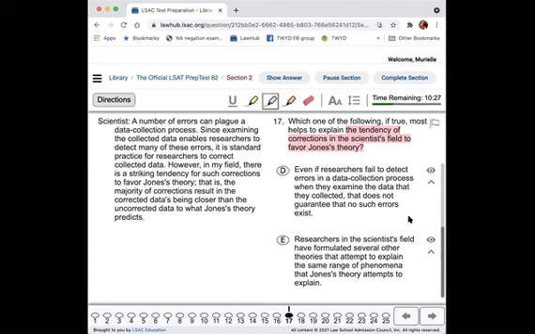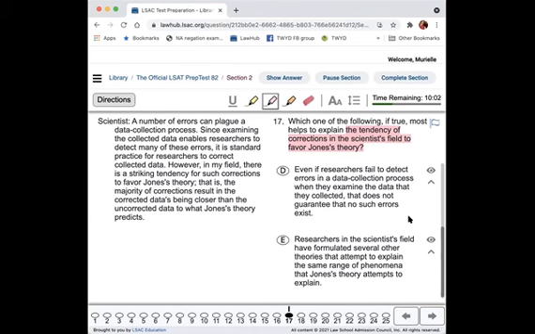D, even if researchers fail to detect errors, that doesn't guarantee that the errors don't exist. That may be true, but it does not help explain why, when errors are corrected, the corrections tend to favor Jones's theory.